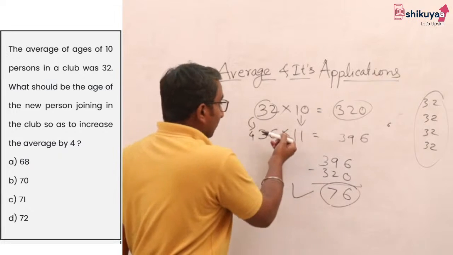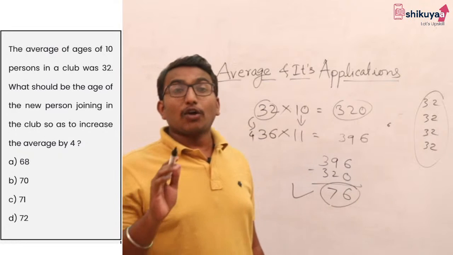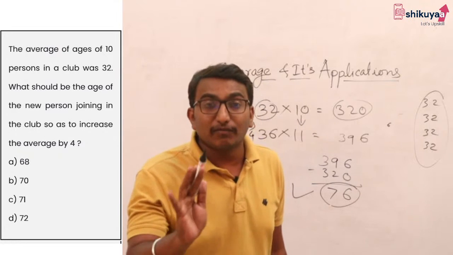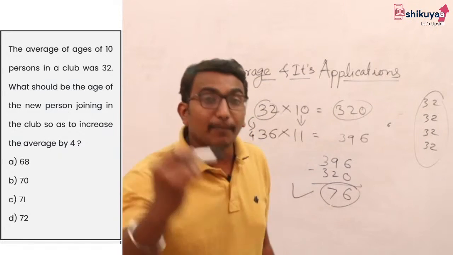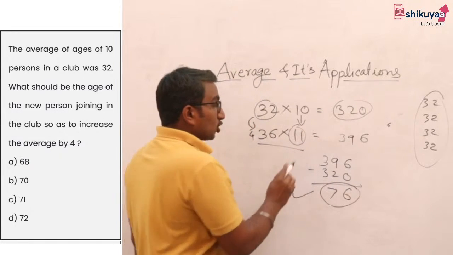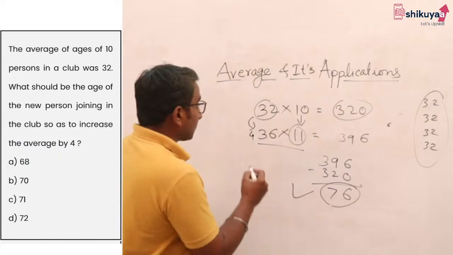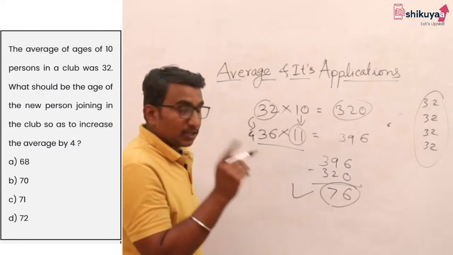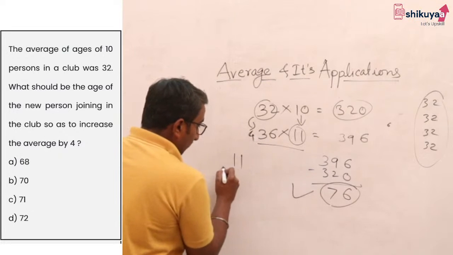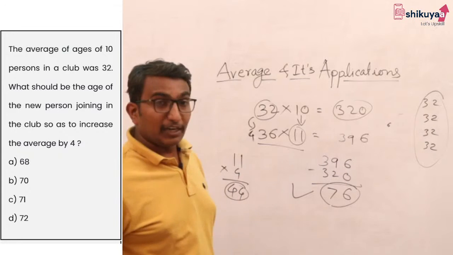Now what is going to happen? The average is going to be increased by 4. So the addition of 4 applies to all these 11 persons. So what is the actual increment in the sum? The actual increment in the sum is 4 for each person. For 11 people, how much? 11 into 4, which is 44.